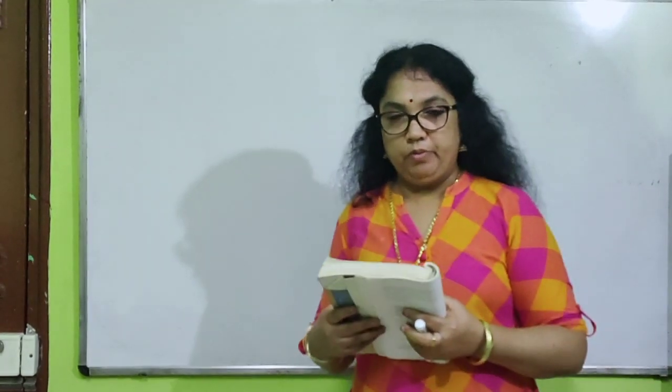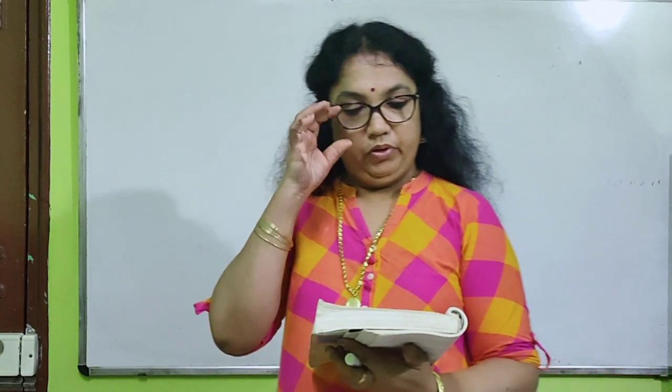If the polynomial x raised to 4 minus 6x cube plus 16x square minus 25x plus 10 is divided by another polynomial x square minus 2x plus k, the remainder comes out to be x plus a. Find k and a.